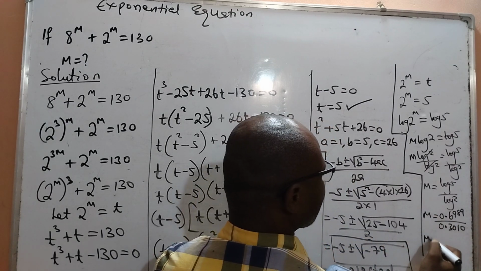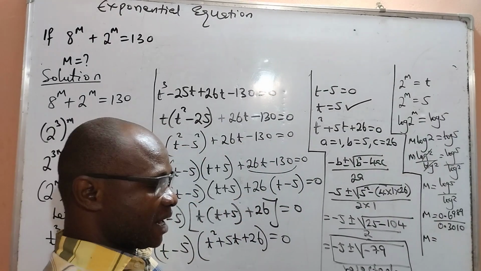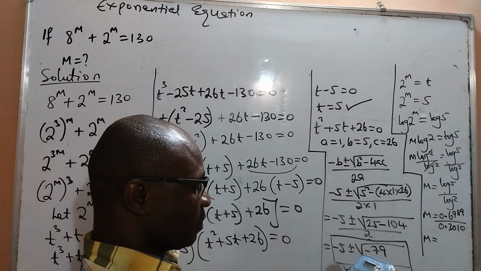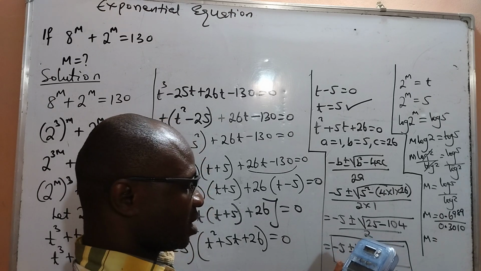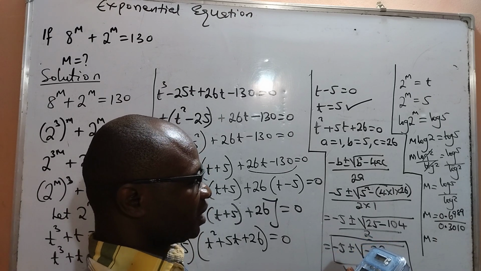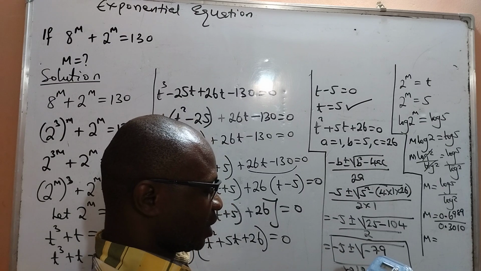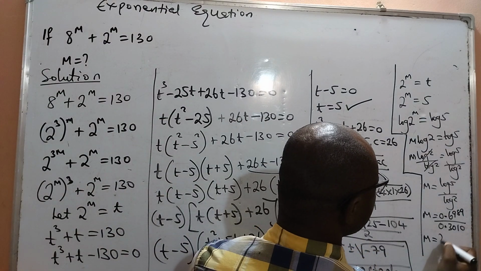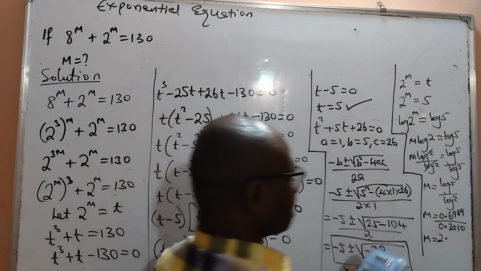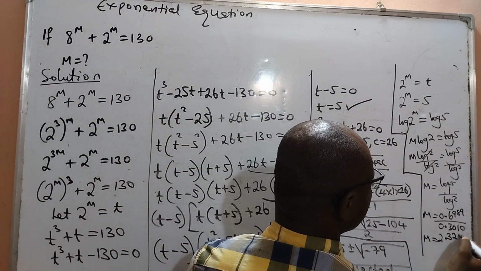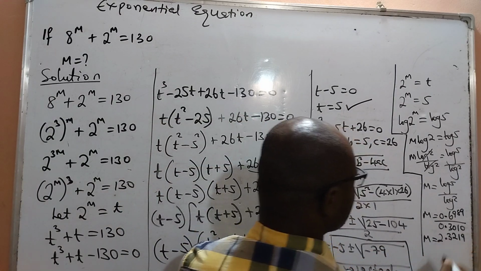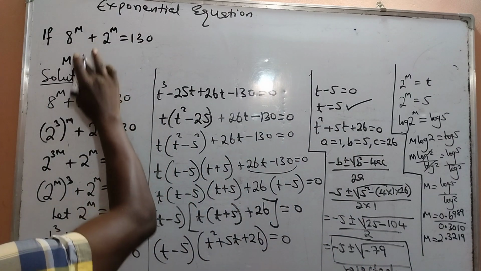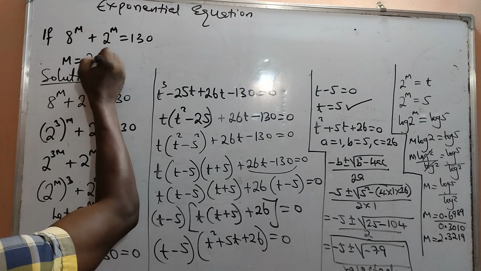So the final value of n is to divide log 5 by log 2, which is 0.6989 divided by 0.3010, which is going to give us 2.3219.